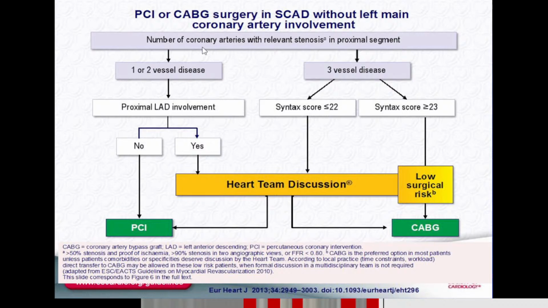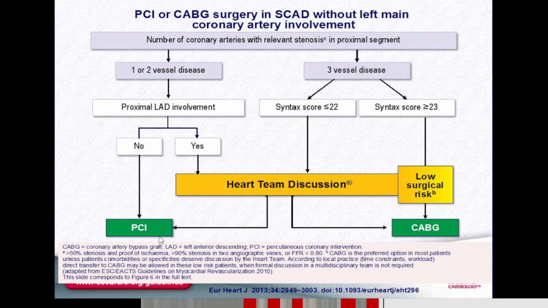So, number of coronary arteries with relevant stenosis in proximal segment. Single or two vessel disease with proximal left anterior descending branch involvement. If no, we consider PCI. If yes, heart team discussion.